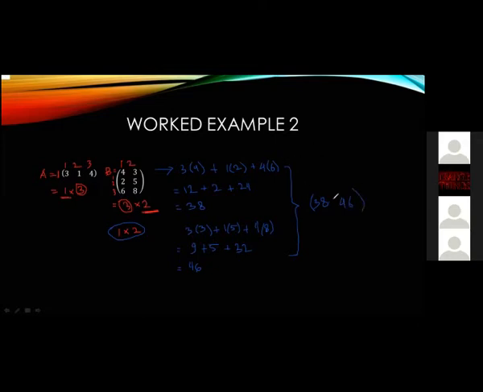As you can see, we have the same result, which is one row and two columns. That's how you do it. Thanks.